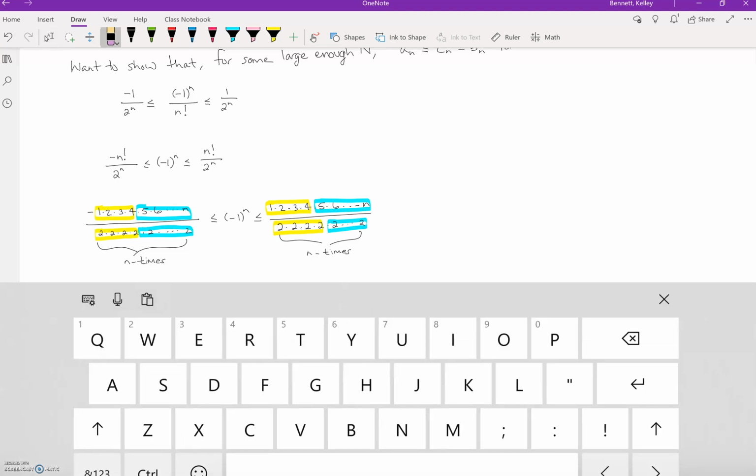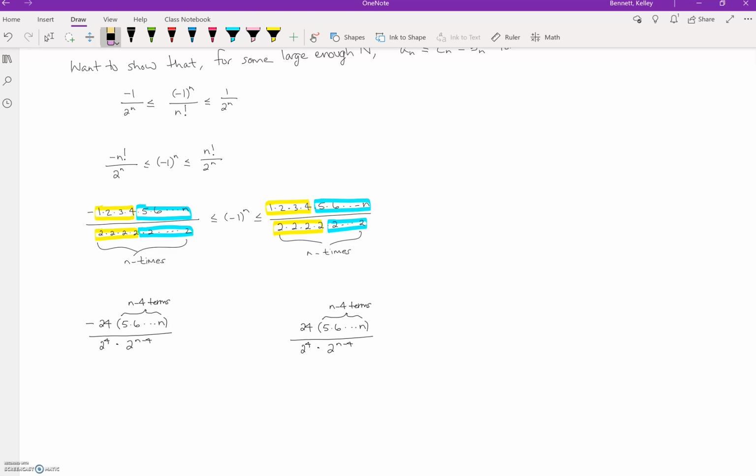So I can go ahead and erase my negative sign. I'm going to draw my inequalities because I haven't changed the value of anything. And just to be clear, I'm still looking here and here, and that's going to be the same breakdown on the right side as well.